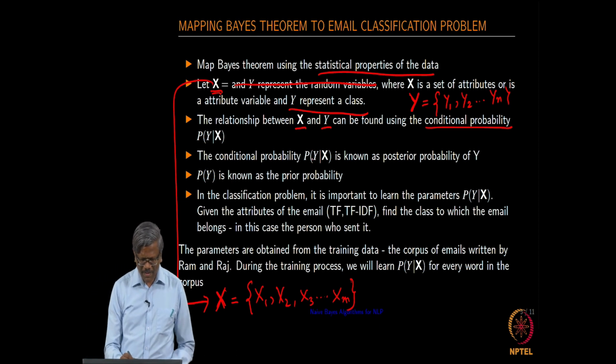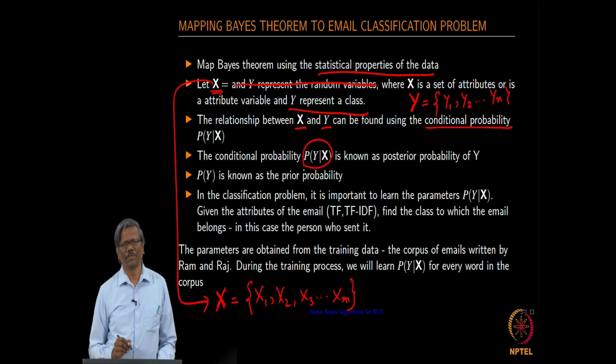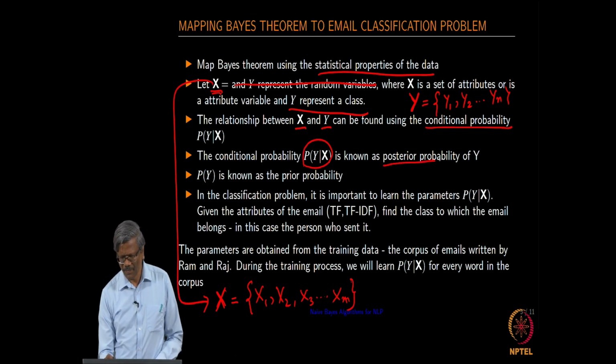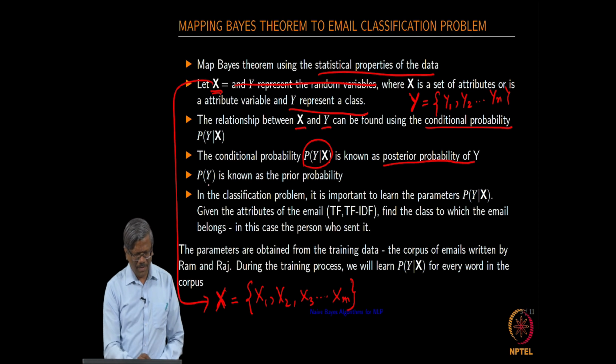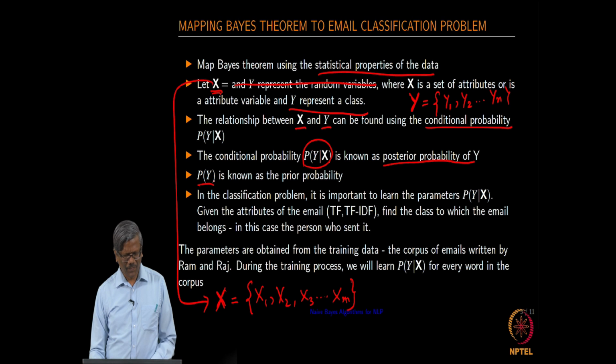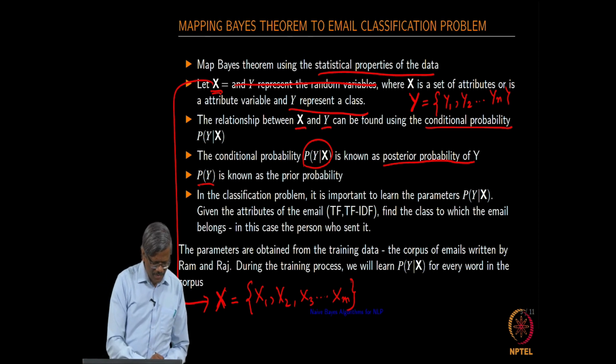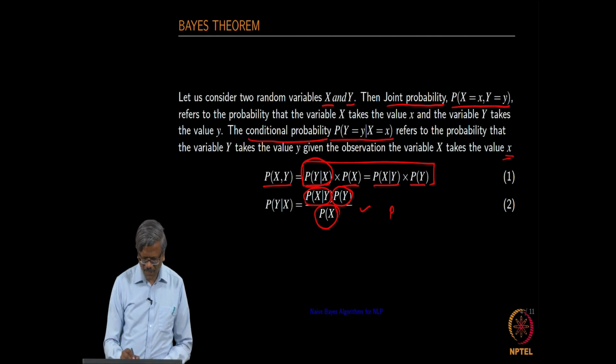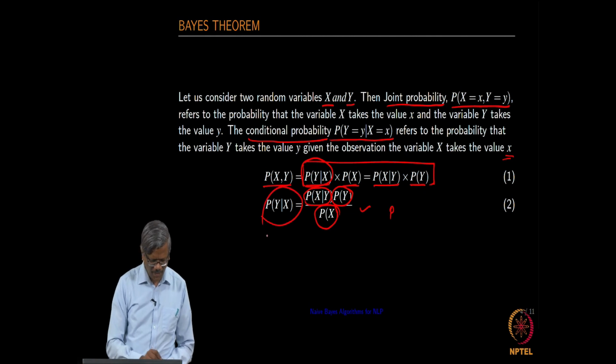In this case, since we are going to be finding this, this is the posterior probability of y, and P(y) is known as the prior probability.